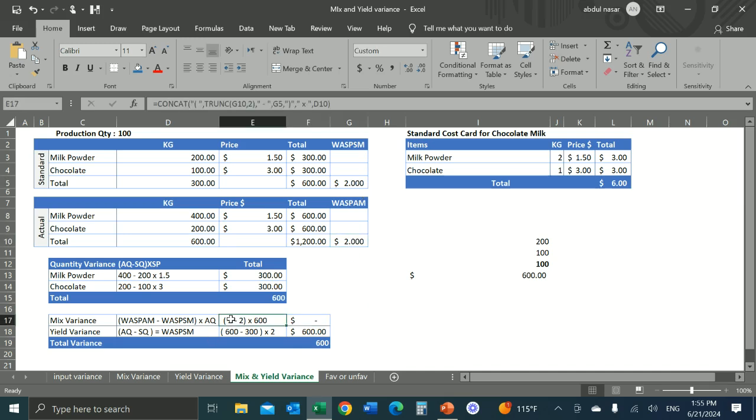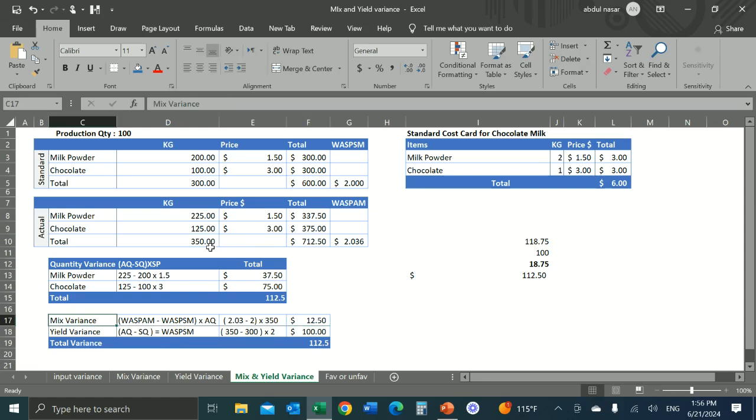It is going to be 2 minus 2 multiplied by 600, so there is no difference. We have to understand this: because the mix is different, your weighted average standard price for standard mix and actual mix is going to be different. Again, going back to 225 and 125, you now have a difference of 12.5 in terms of mix variance.